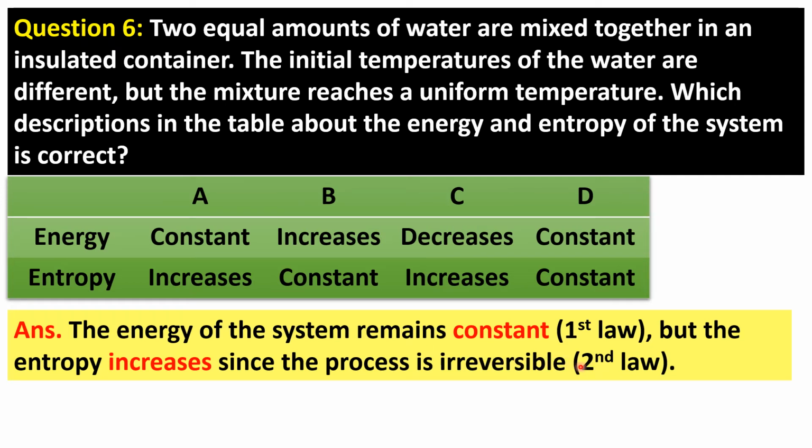If the process is irreversible, the amount of entropy will increase. This is referring to the total amount of the change in entropy of the system plus that of the environment.